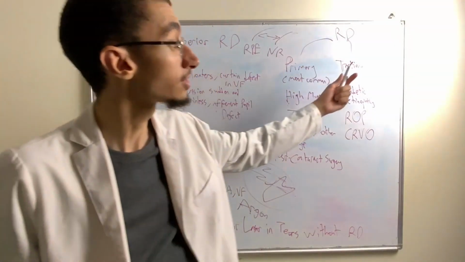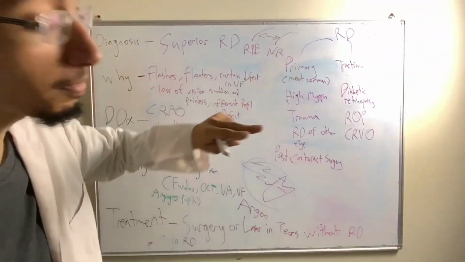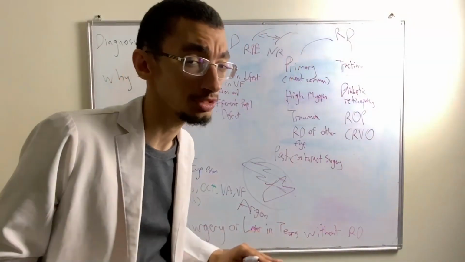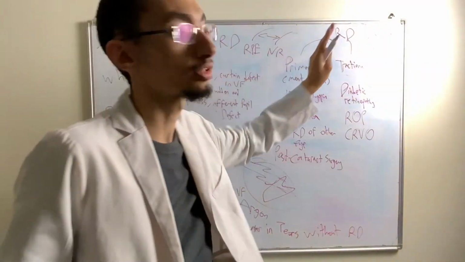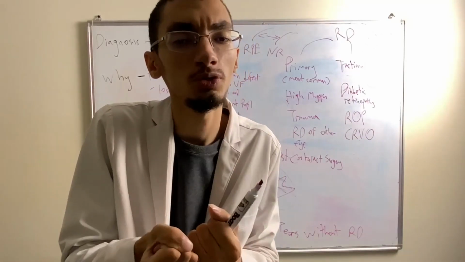So this is basically attributing to the seriousness of retinoblastoma. But back to the point, this is one type of retinal detachment. The other type is tractional retinal detachment. Tractional meaning, let's say part of the retina is fibrosed, like from neovascularization.